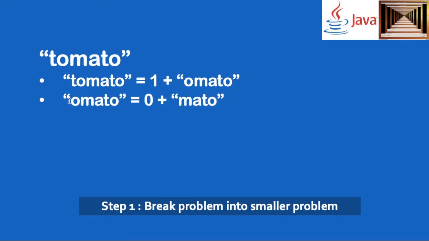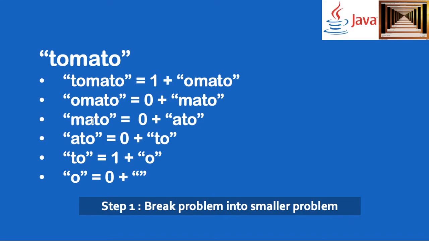Similarly, if you want to count the number of t's in omato, it is 0. Why? Because we have taken out the first character, which is o, plus the number of t's in mato. And that is how we can keep on doing it till we reach the final point wherein o is equal to 0 because there is no t in o plus an empty string.